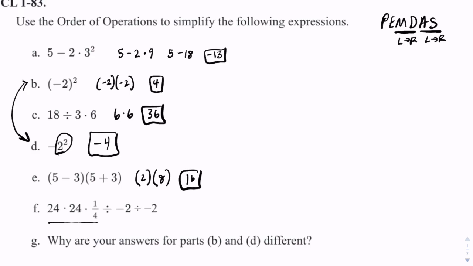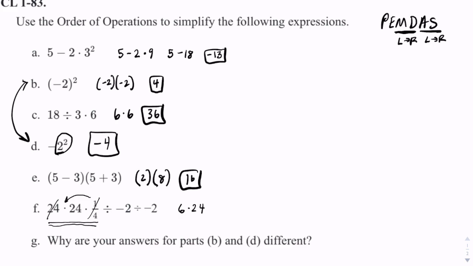Now I'm allowed to do this because they're right next to each other. I can't take a multiplication that would be at the end after division, but I can do it here. So I'm going to take the 1/4 and put it here. I'm going to take 24 times 1/4 first, and I'm going to get 6. And then I'm going to leave everything else the same. So that got rid of that.